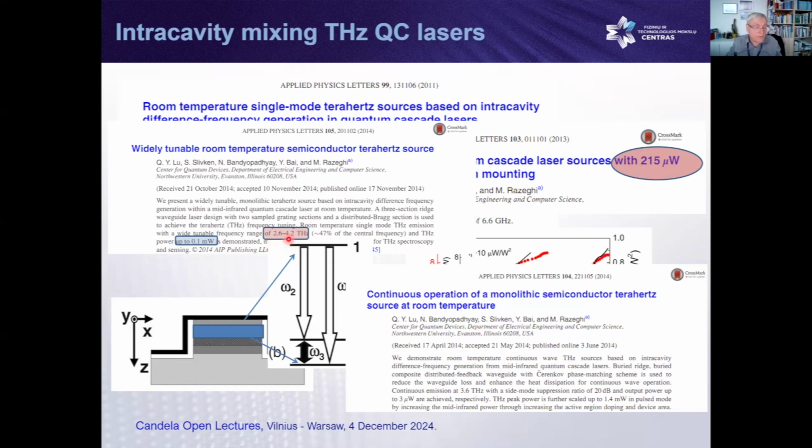To go to lower frequencies is a big issue, because for mode confinement we use plasmonic waveguides, and absorption goes as lambda squared with the concentration. It means lower frequencies are strongly absorbed. We have big losses in the system. We cannot go very far in the red wing of the emission.